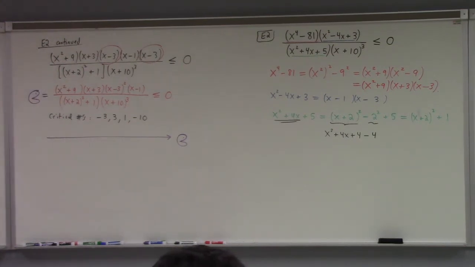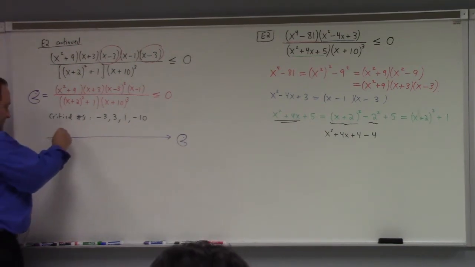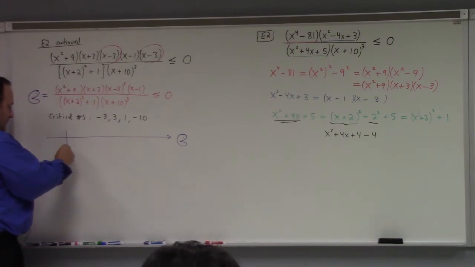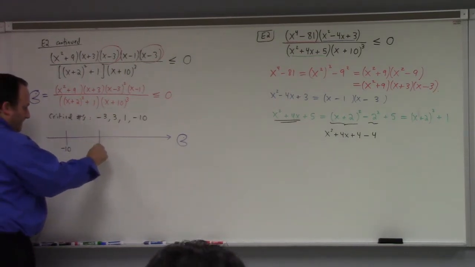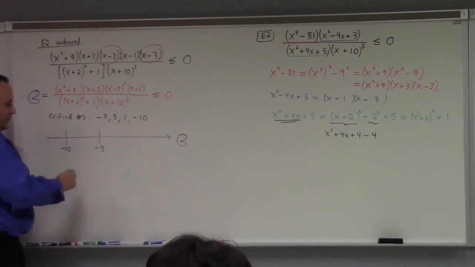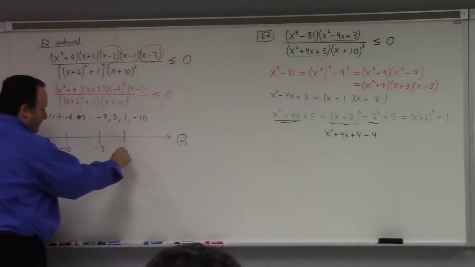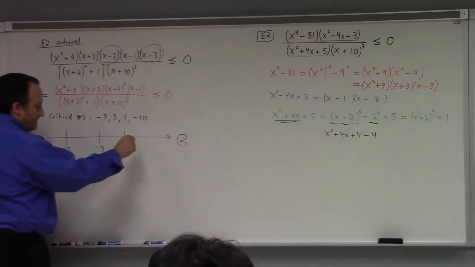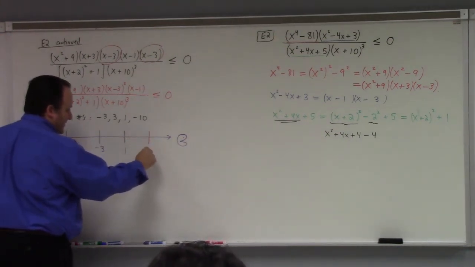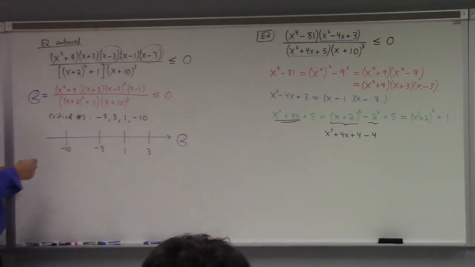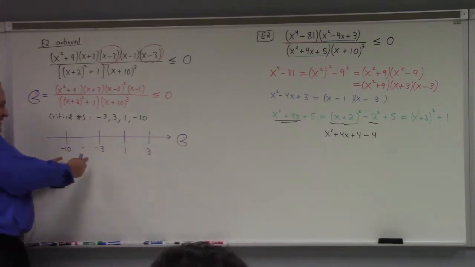Okay, so here's my number line. I need to put the critical numbers in order. Which one comes first? Negative 10. Very good. Which comes next? Negative 3. And then 1. And then 3. The distance here doesn't have to be accurate.